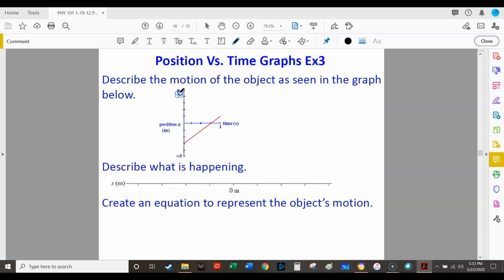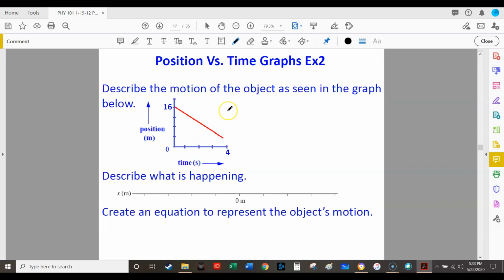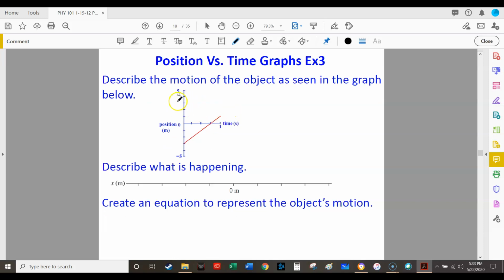It's 5 meters, 4 meters, 3 meters, 2 meters, 1 meter, 0, -1, -2, -3, -4. Okay? And again, this is at the 0.25 second mark, 0.5 second mark, 0.75 second mark, and then finally the 1 second mark.